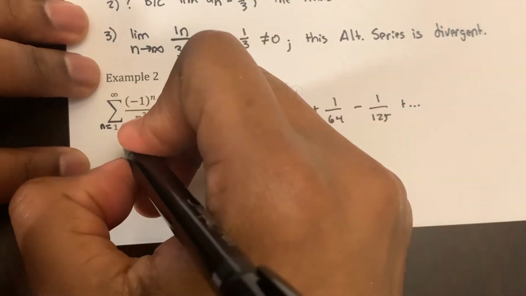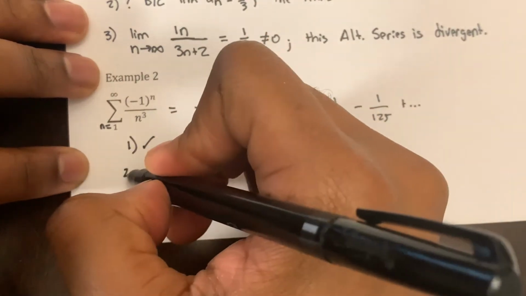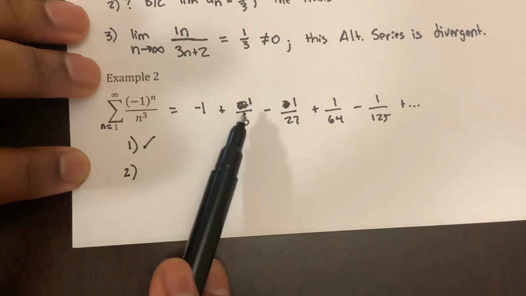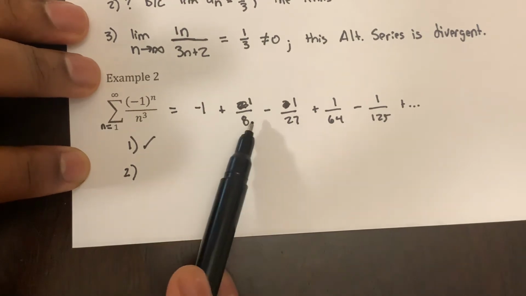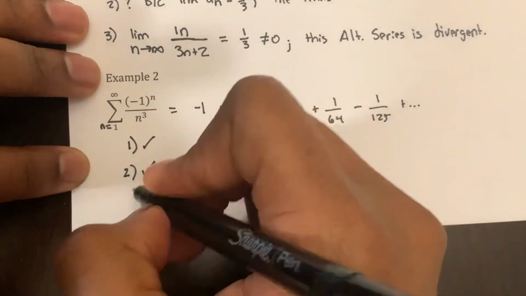So again, if we're checking our criteria, 1, do they alternate in sign? Yes. 2, do the terms get smaller? Well, clearly they do, because you have 1 and -1 divided by a progressively larger number. So 2, they do decrease in magnitude.